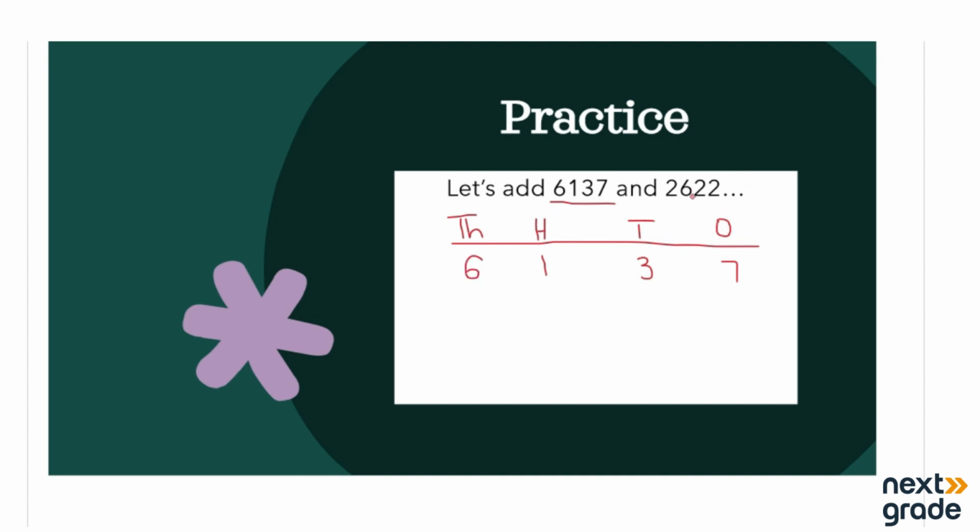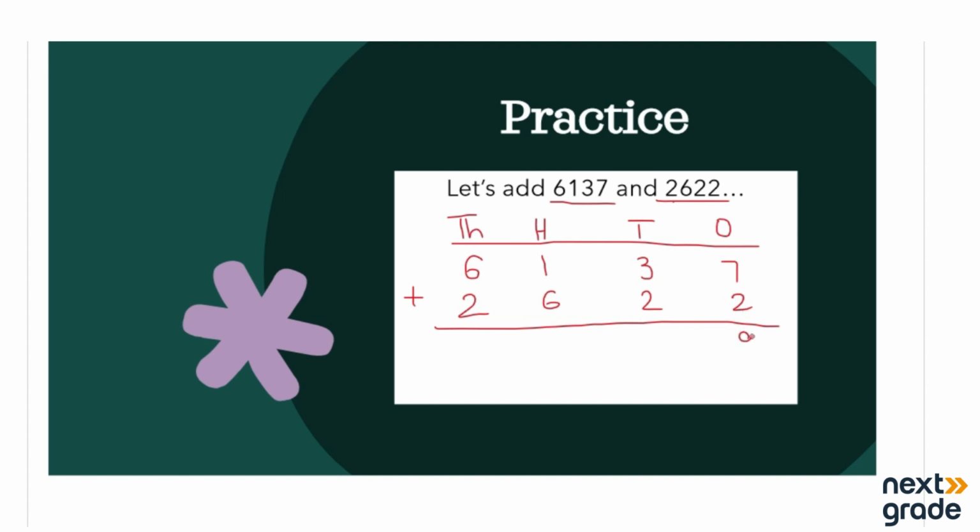इसी तरह we are going to add the second number, and that is 2622. So 2 is going to be at the ones place, 2 is going to be at tens place, 6 is going to be at hundreds place, and the last one, 2, is going to be at 1000 place. Remember, we have to do the addition, so we'll put the sign of addition over here, and let's do it together. What is 7 plus 2? 7 plus 2 is 9.